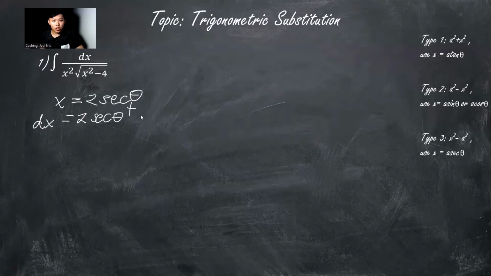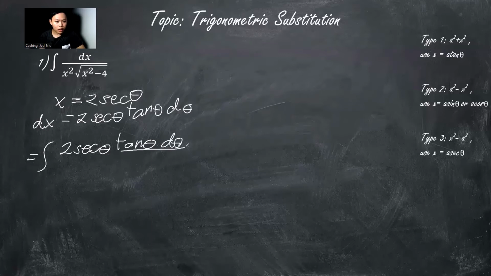Now we can substitute this. So it's going to be 2 sec theta tan theta d theta divided by, as it's x squared, 2 sec theta squared.